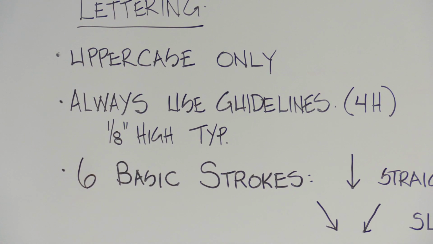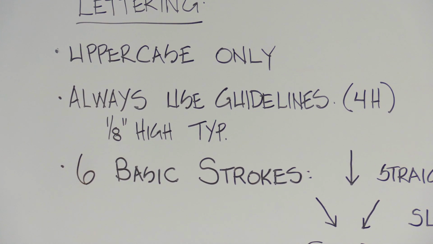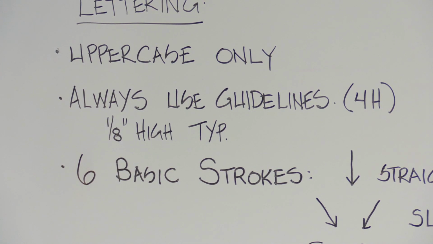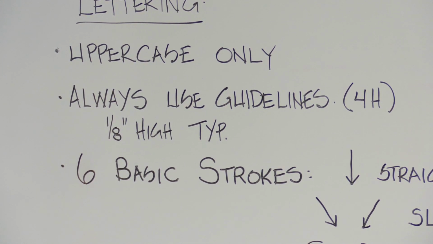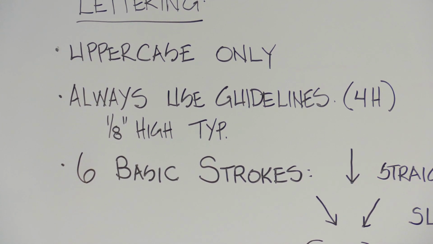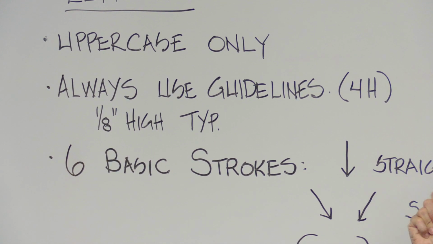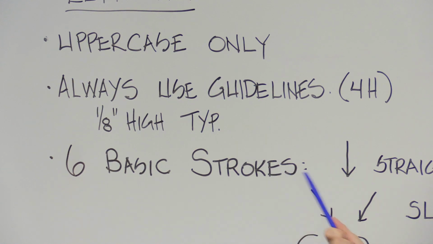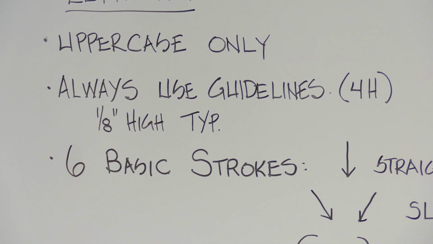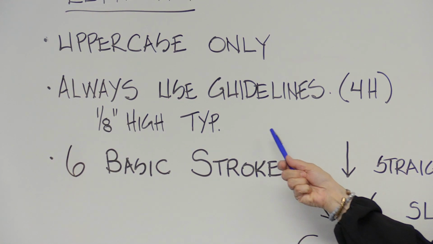You're going to be doing your homework on the graph paper, which already has lines, and that's absolutely fine. But as we get further into the course, you're going to be using the different materials. I'll show you how to use everything, and you'll be creating your own guidelines using a 4H pencil. Typically, the letters are 1/8 inch high. Sometimes they're different, but that is a typical height.